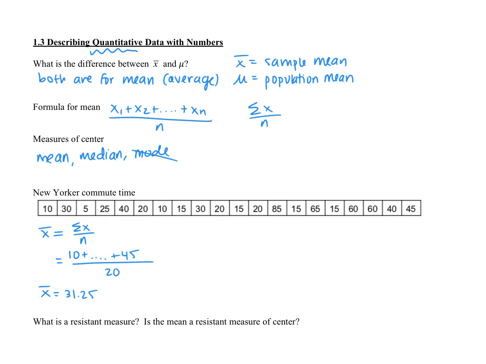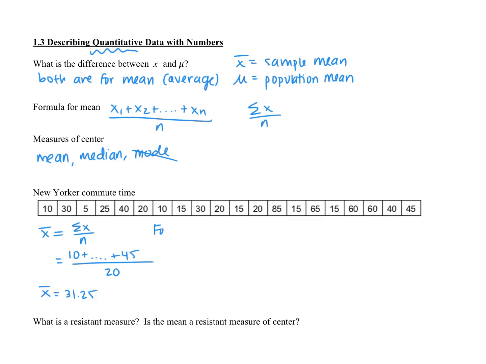We also need to be able to interpret this. So that's what we're going to do next. This is the average for this sample, so it needs to be described in terms of the people in this sample, not a single person.